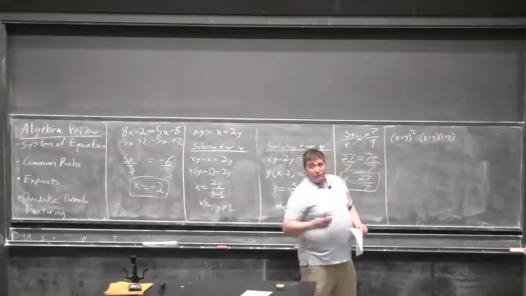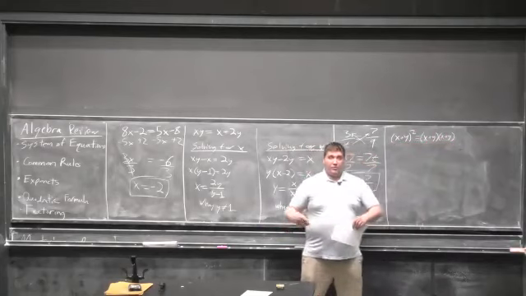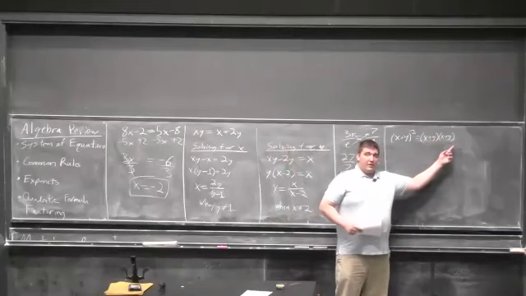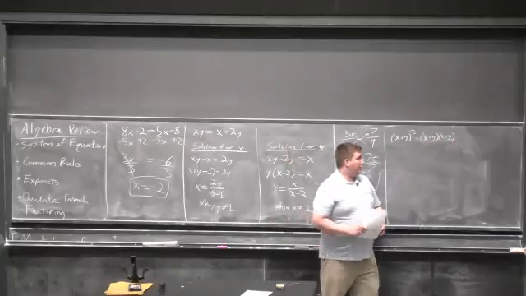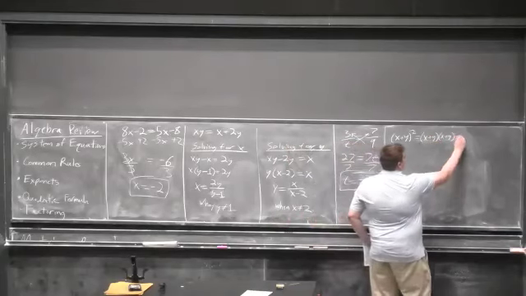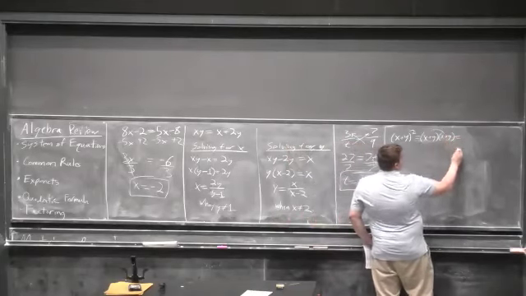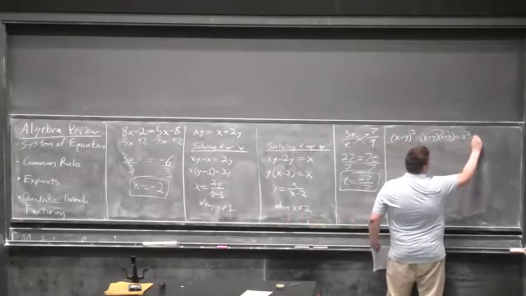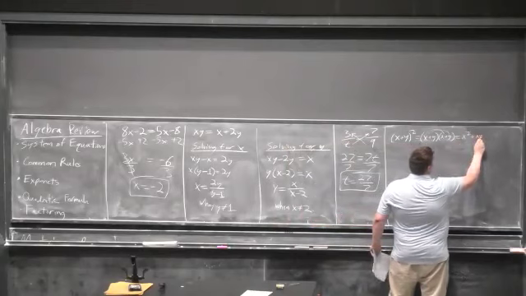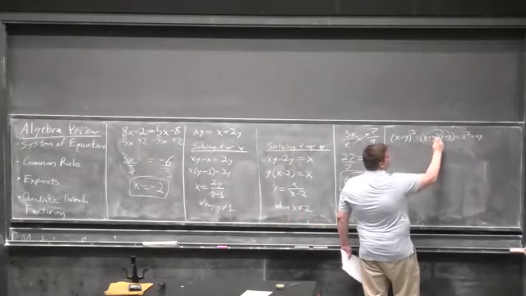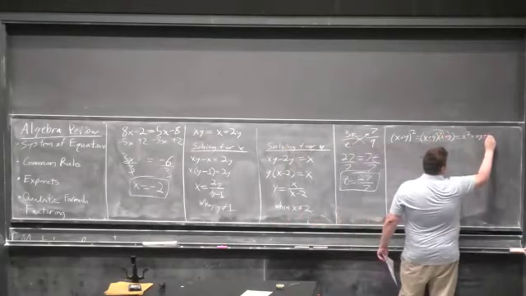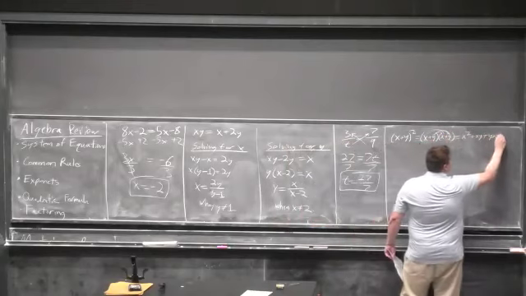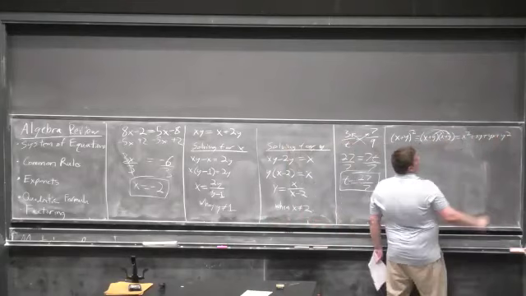So now I do FOIL, or I prefer the term double distributive, meaning that I distribute the x and then I distribute the y. It'll look something like this. We'll have x times x, which is x squared, x times y, so we're going to add xy. Now we're going to distribute the y times x, so that's yx, and y times y, and that's y squared.